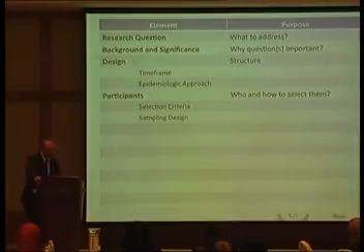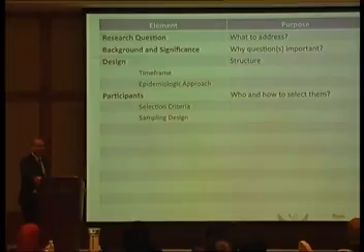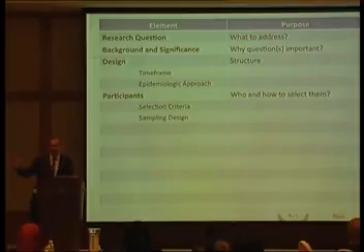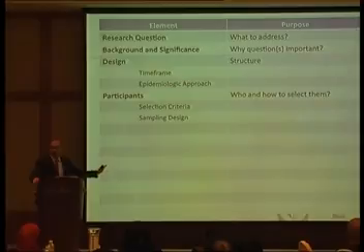After that, you really need to identify the participants, who are the people involved in the study, whether they're patients or healthy individuals, whether they receive the intervention or the exposure, or whether they are what we call controls, those who are free from exposure or free from the intervention.